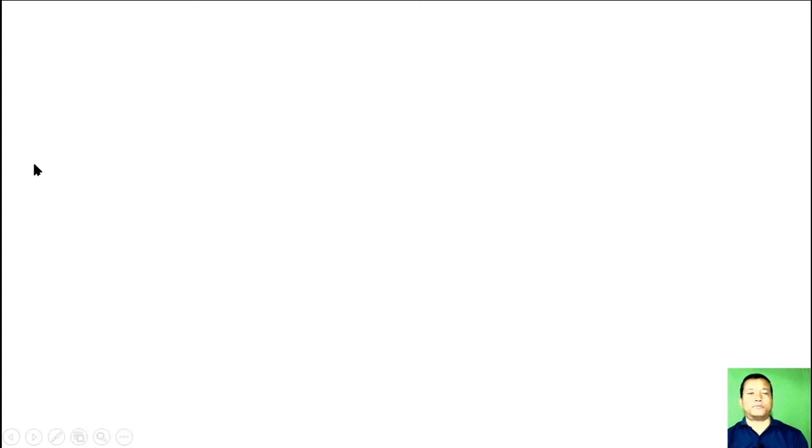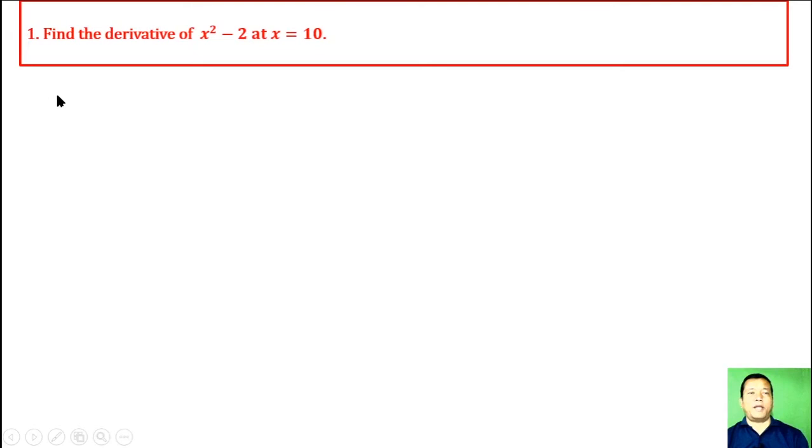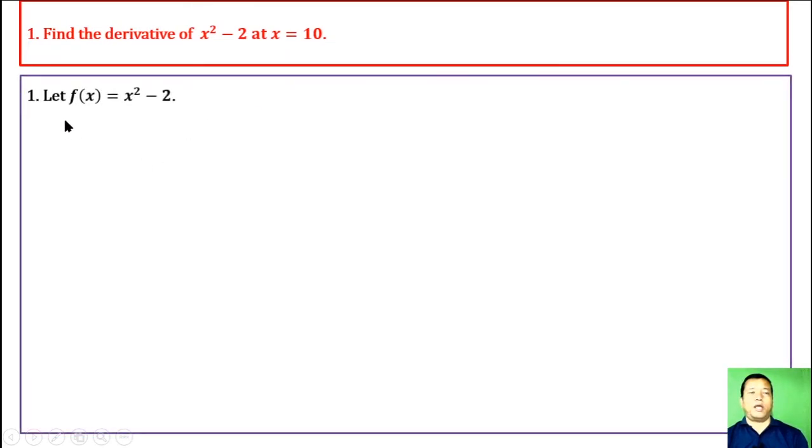Exercise 13.2. Question 1. Find the derivative of x square minus 2 at x equal to 10. Let f of x equal x square minus 2.